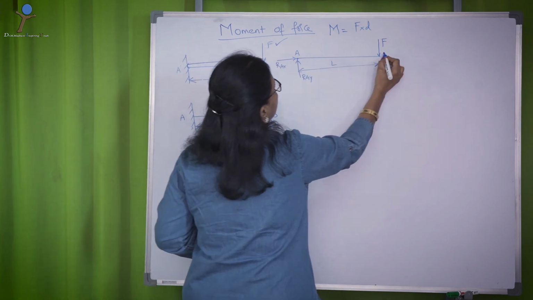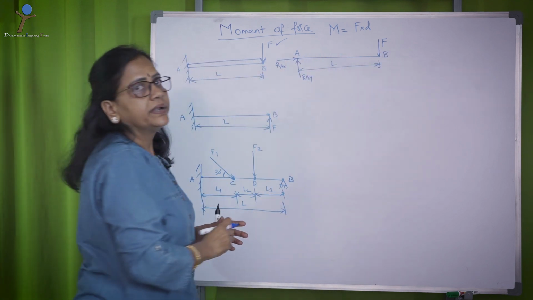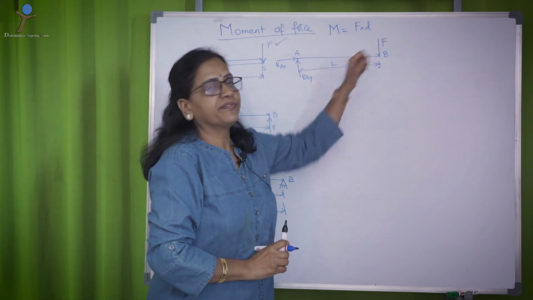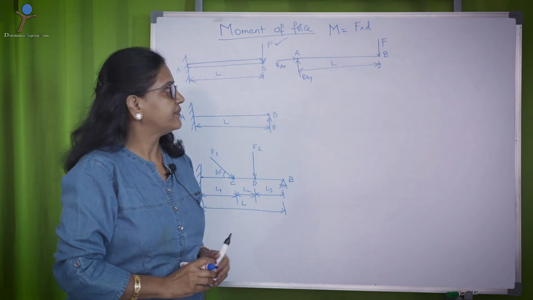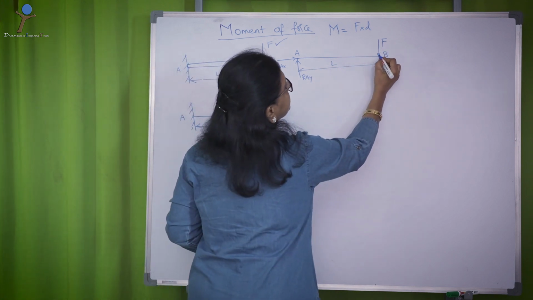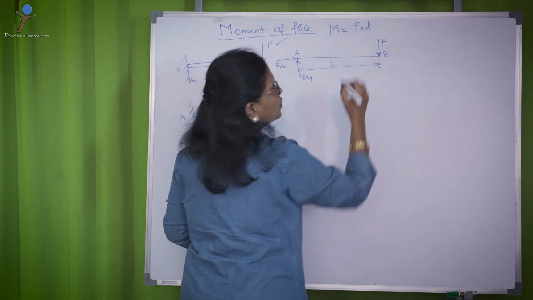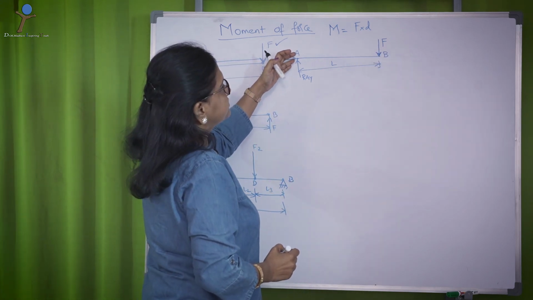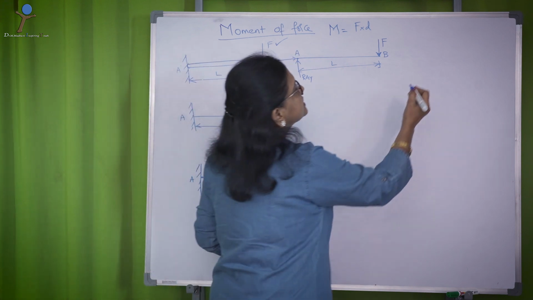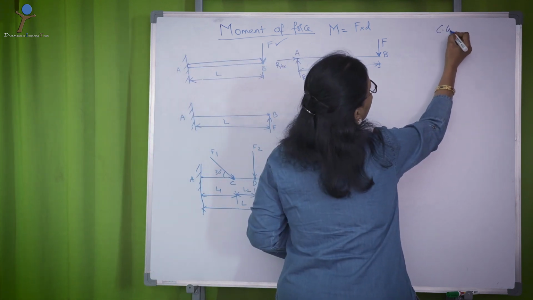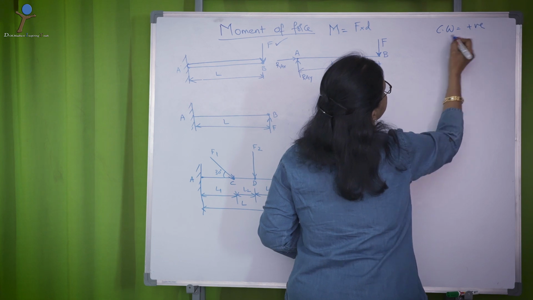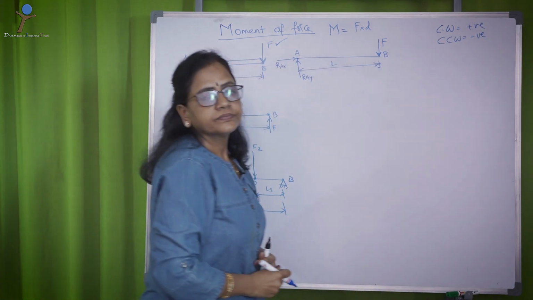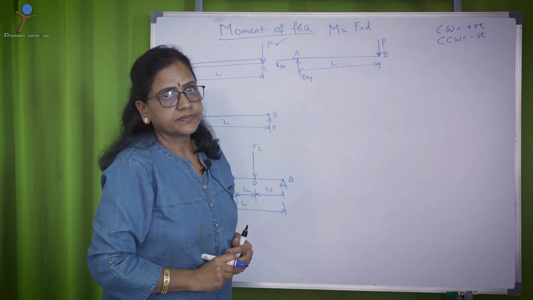So, let us calculate the moment occurred at A due to F. The force vector, the direction of the arrow is in downward direction. So, you can consider clockwise effect as positive and counterclockwise effect as negative in all our calculations.